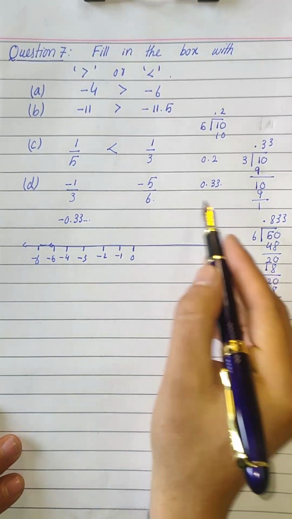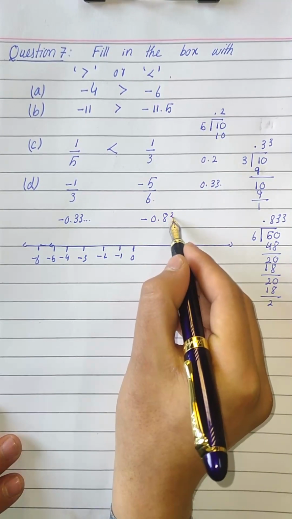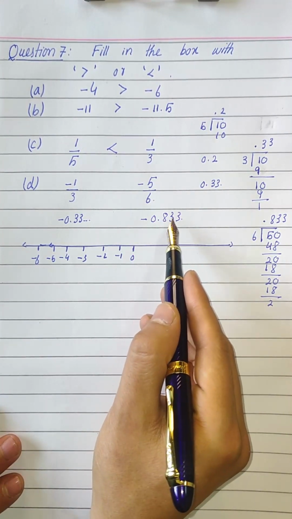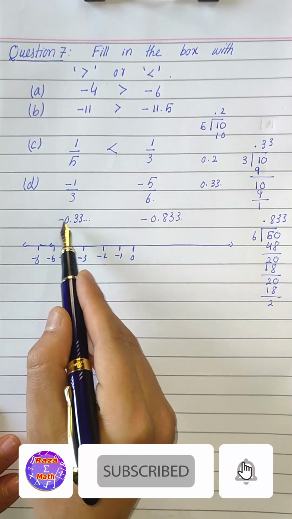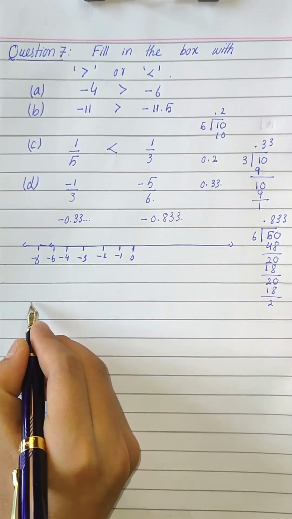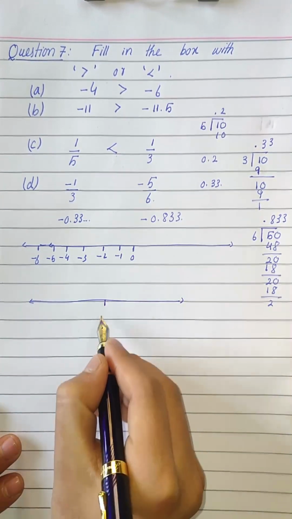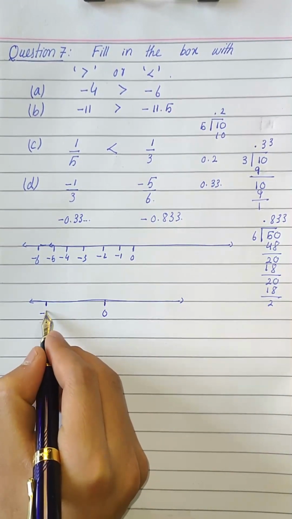So -5 divided by 6 can be written as -0.833. We can see that -0.833 will be on the left hand side of -0.33 on a number line. For example, if we draw a more explained number line, this is 0 and this is -1.